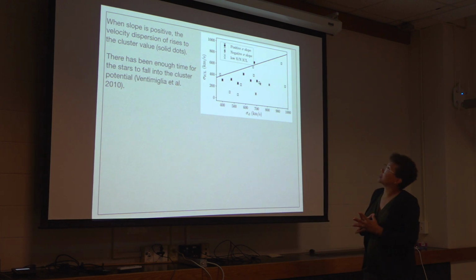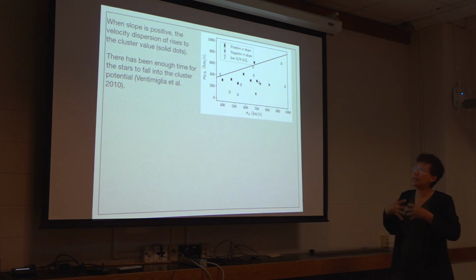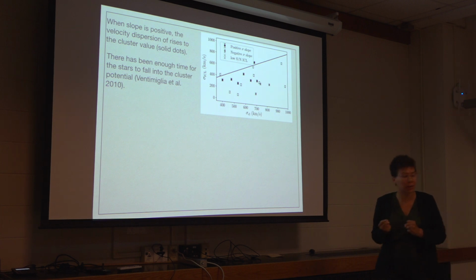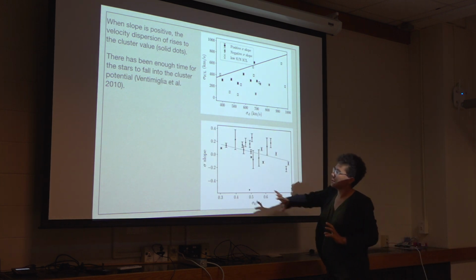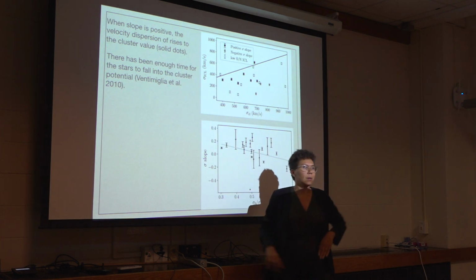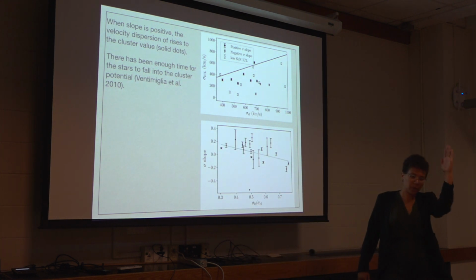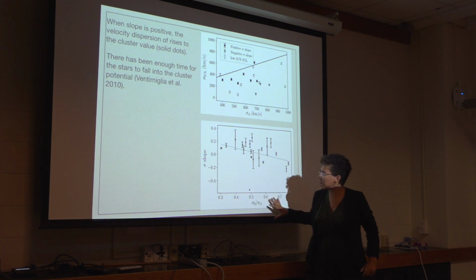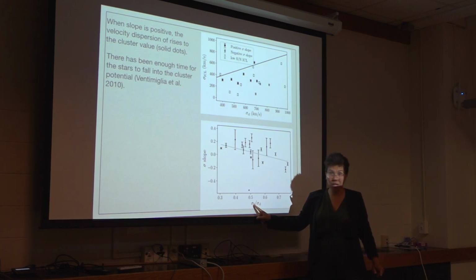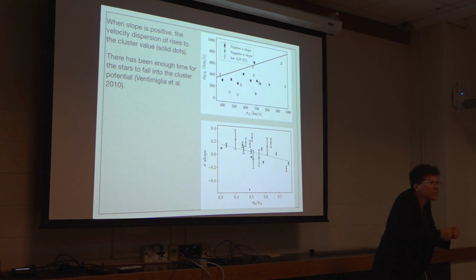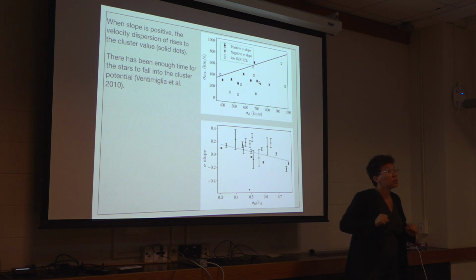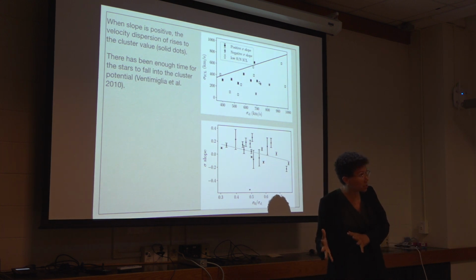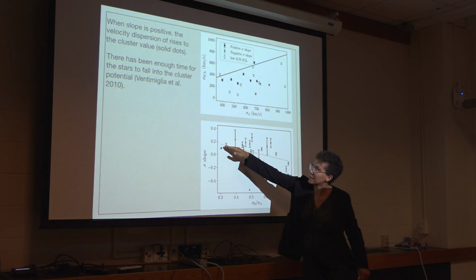For these galaxies with the positive slopes, there's been enough time for the stars to fall into the cluster potential. If I plot the velocity dispersion slope, so is the velocity dispersion rising or falling, against the ratio of the BCG core velocity dispersion, so the influence of the BCG, divided by the cluster velocity dispersion, so the influence of the cluster's potential, I see this trend.